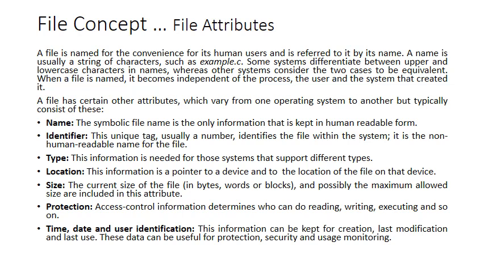This information is a pointer to a device and to the location of the file on that device, like where is the example.c stored on a secondary storage device. Next is size. The current size of the file in bytes, words, or blocks, and possibly the maximum allowed size are included in this attribute. What is the size of the file?